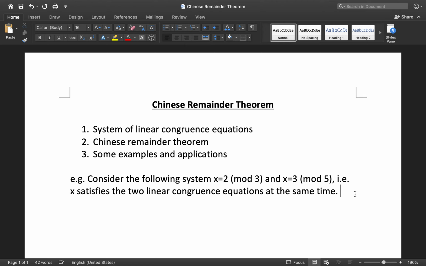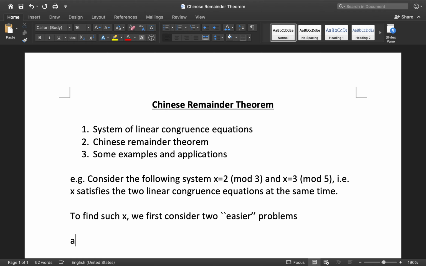Okay, so as I said, to find such x, we first consider two easier problems. Let me just put quotation marks, so you may think it's not that easy, but let's see.